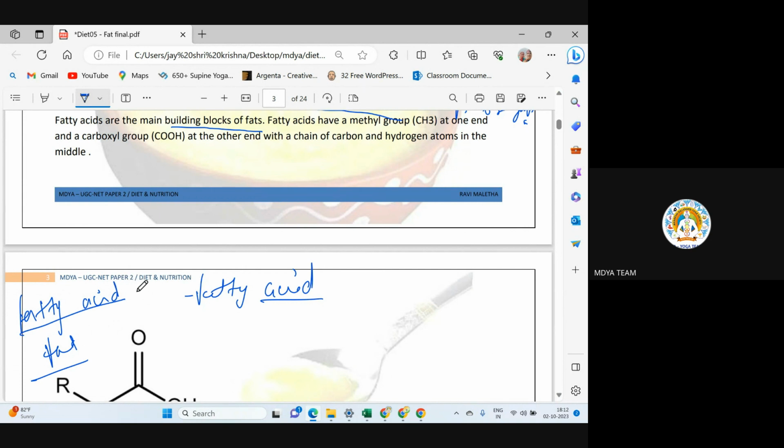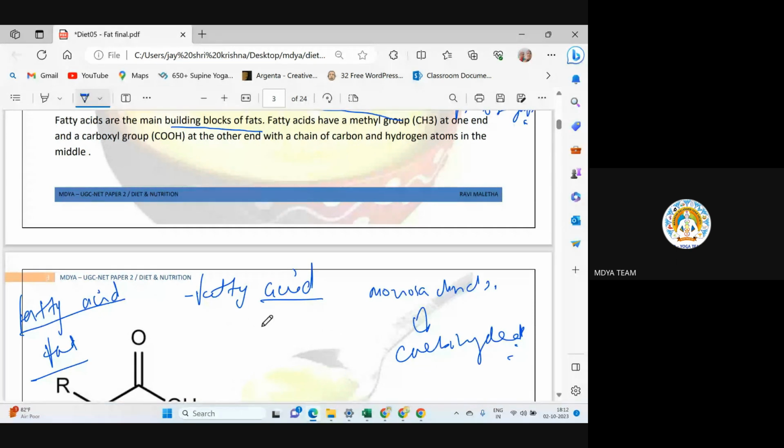Fatty acid is the structural unit of fat, meaning fat is made up of fatty acid, but unlike protein, there is a difference. Monosaccharide forms carbohydrate, but there is a difference in these processes. The difference is that in carbohydrate only monosaccharides are present.